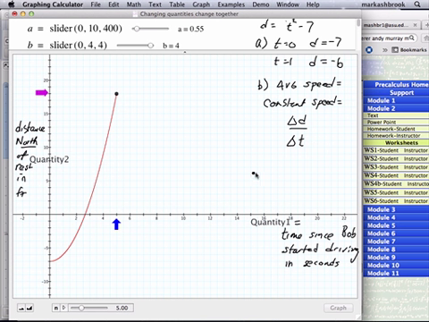So let's start with the easy part, which is the change in time. In this situation, what's our change in time? 5 minus 3. Right. So it's from 3 to 5. How much change in time is that? 2. 5 minus 3.